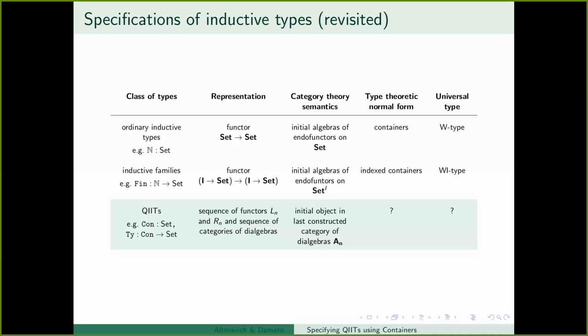And so what we've been thinking about is that we conjecture that we can get something similar to these here by restricting these Ln and Rn to be what we call generalized container functors. And also we want a universal type here, which we call a QW type.